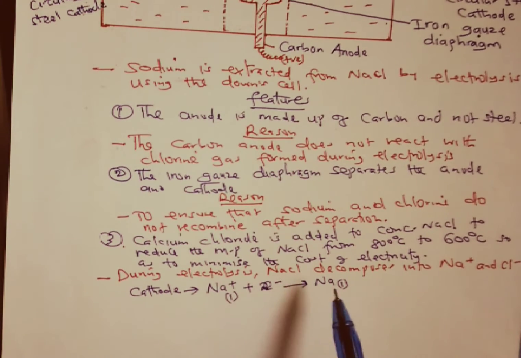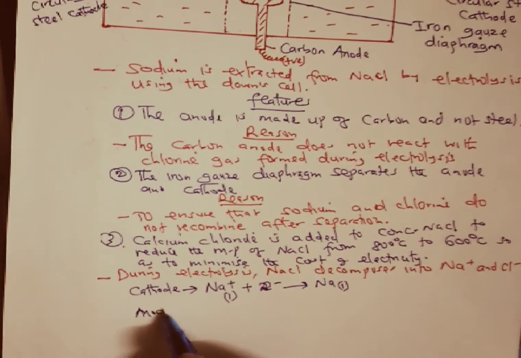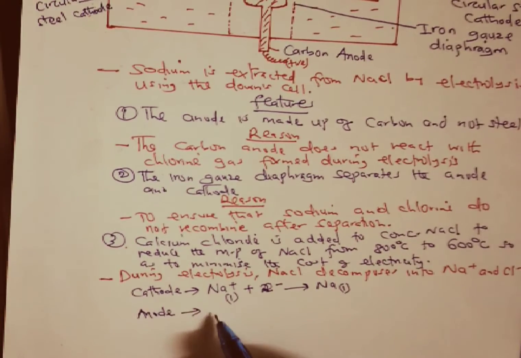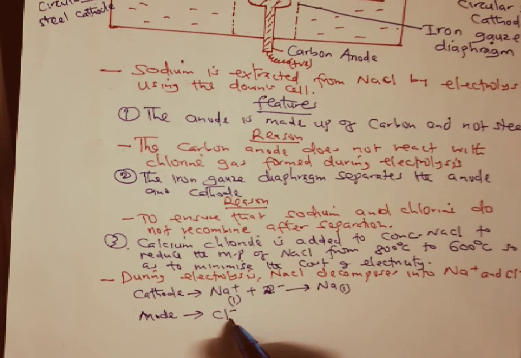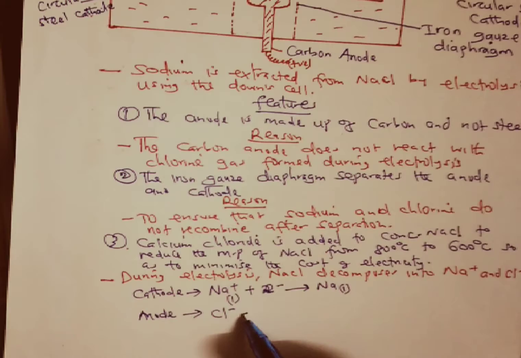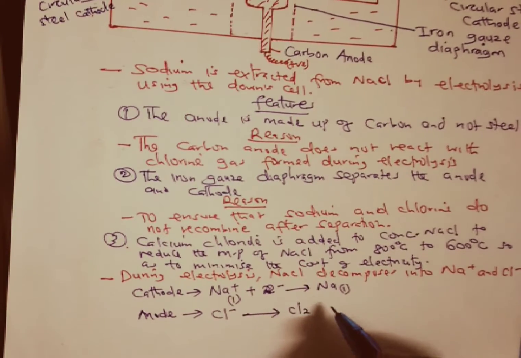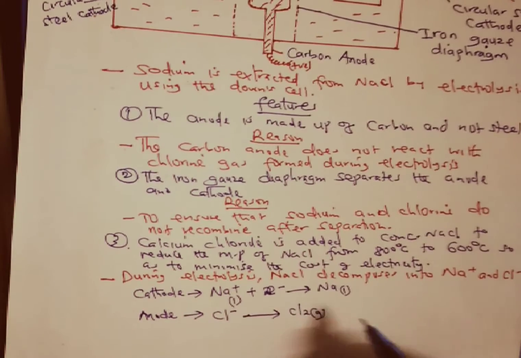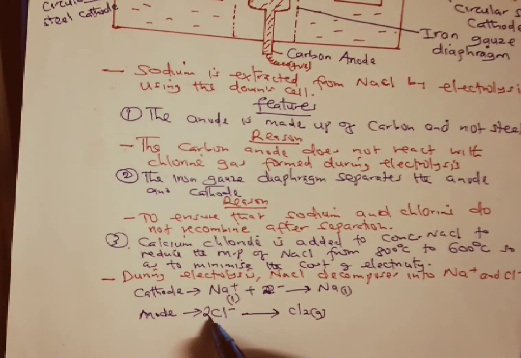We also have chloride ions. The chloride ions will migrate to the anode, where they lose electrons to form chlorine gas. Remember, chlorine gas contains two chlorine atoms, and therefore we have to balance.